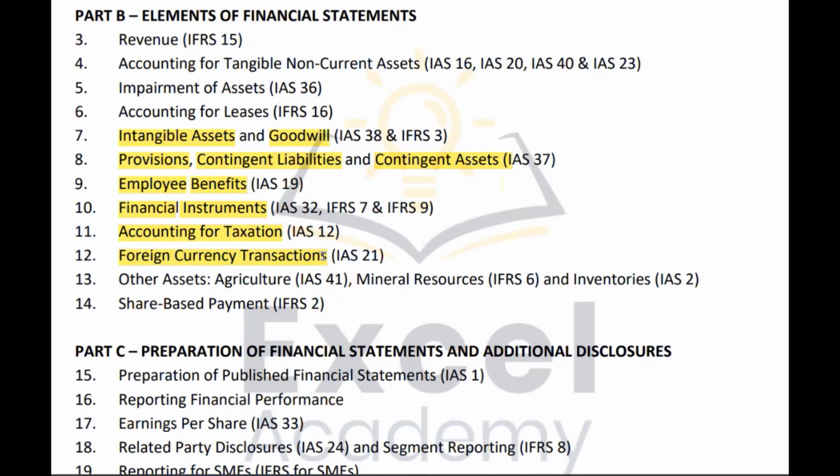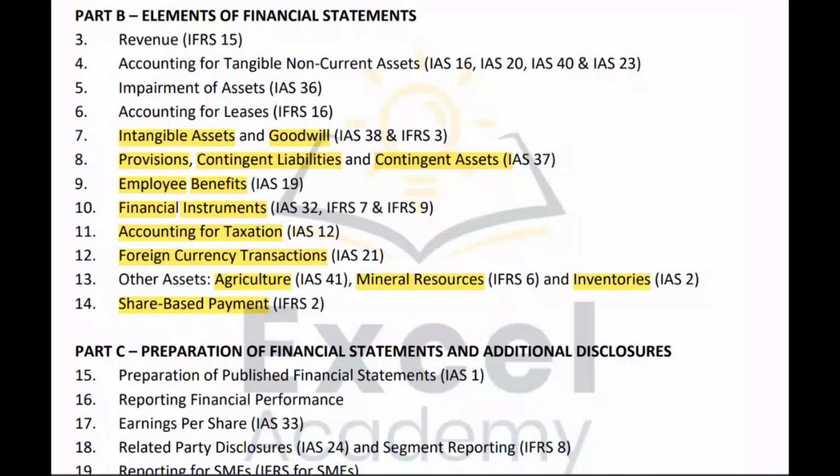After that, we'll be looking at standards that talk about other assets like agriculture, mining resources, and also inventories. We'll be looking at all these one after the other. Lastly, under this second part, we also have share-based payment. This is IFRS 2, share-based payment. That ends the second part of this syllabus.